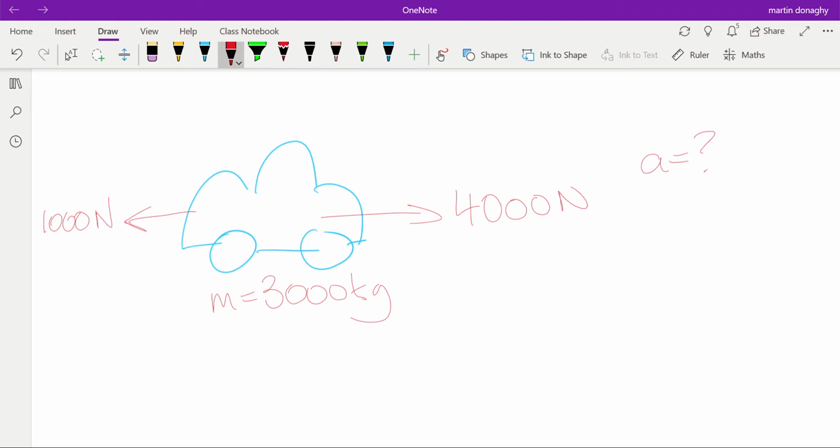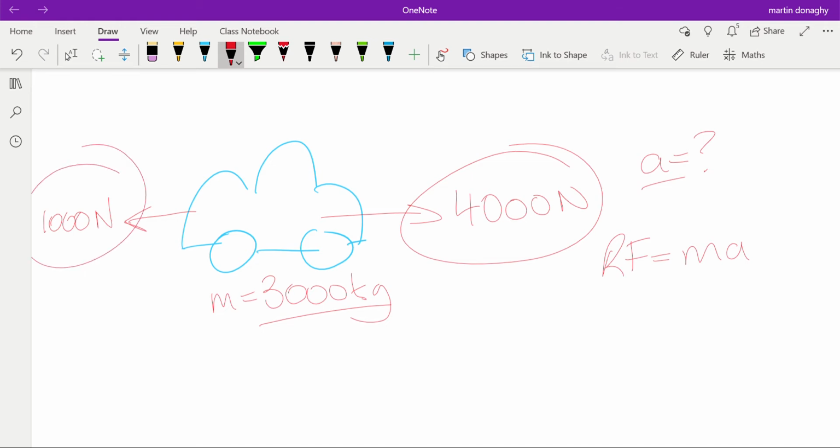It's not too complicated, but there's an added step. We've got the mass and want to find the acceleration, so we're going to use Newton's second law. But it is the resultant force we need in that equation, and we haven't been given the resultant force yet. We have a forwards force of 4,000, the thrust, but that's not the resultant force.